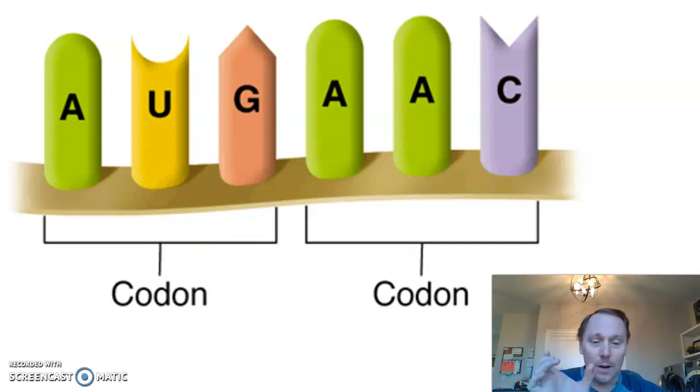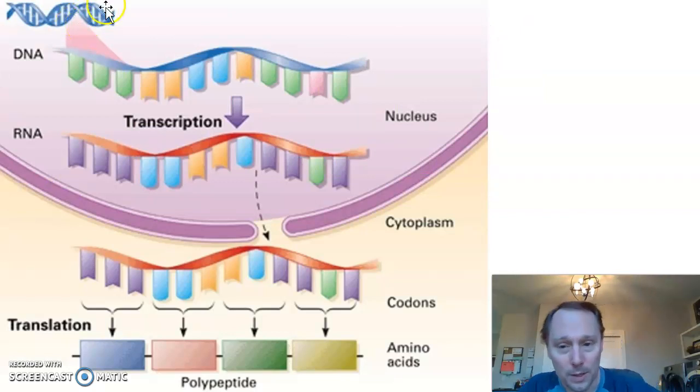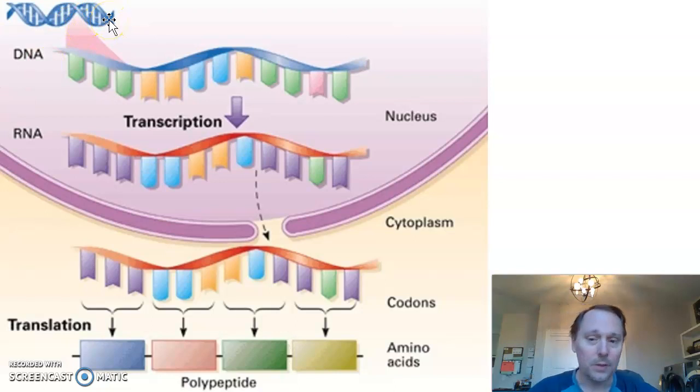Every 3 letters, every codon is going to translate into an amino acid. This is what I mean here. All right, so the DNA is found in the nucleus of eukaryotic cells. RNA comes in and says, what do you want me to do today, boss? And makes a copy, a transcription.